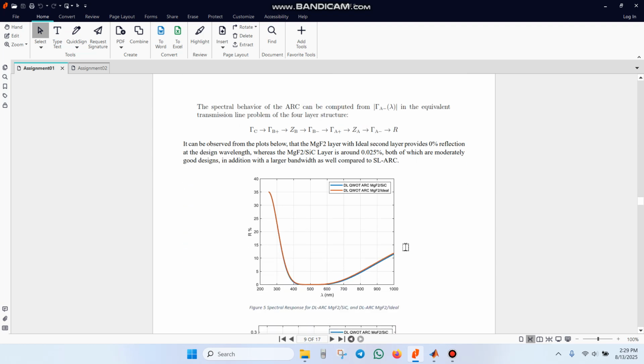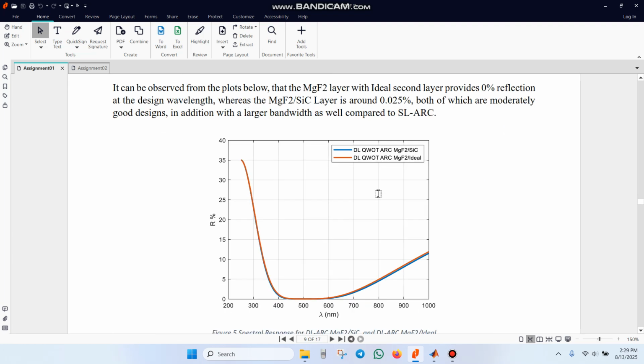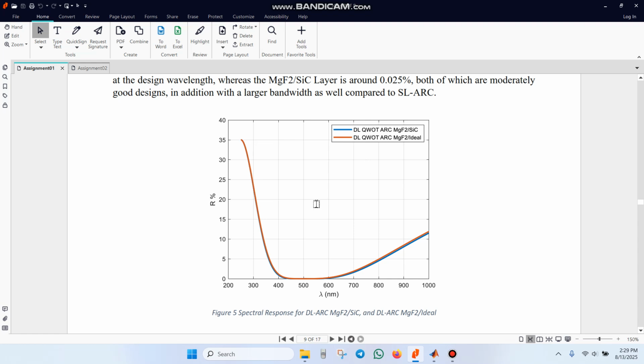So discussing its results, this particular chart right here shows us both the graph for double layer quarter wave optical thickness for ideal with the magnesium fluoride, and the real, which is silicon carbide with the magnesium fluoride.